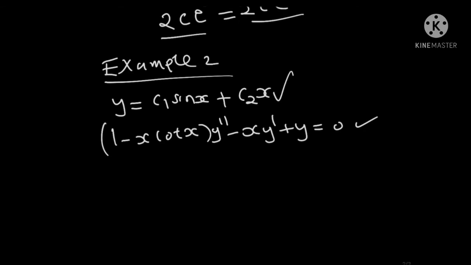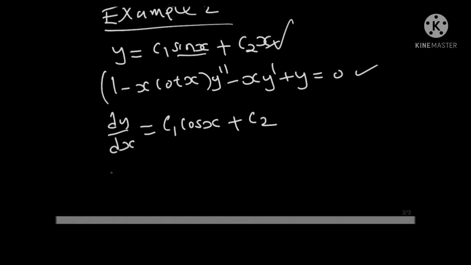Let's start. dy over dx will give us, when we differentiate sine, we get positive cosine. So we have c1 cos x. When we differentiate x, we get 1. 1 times c2 will be c2. Then d squared y over dx squared. When we differentiate cosine, we get negative of sine.